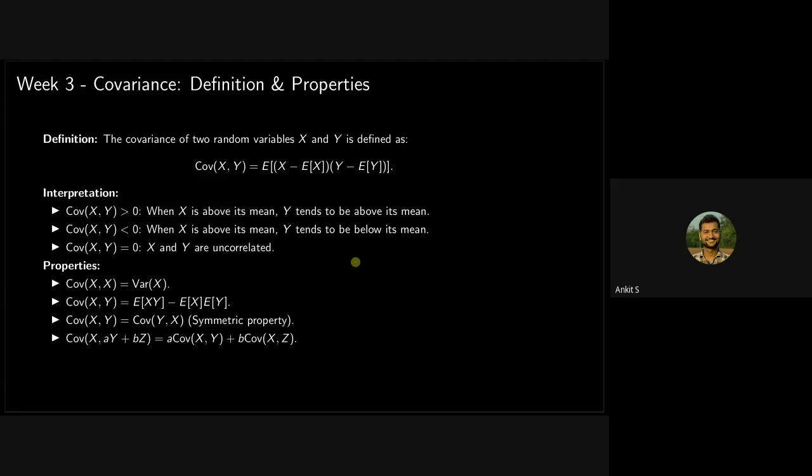We have not seen how two random variables are related quantitatively. For example, height of a person and weight of a person are two random variables. How are they related? If one random variable increases, how does the other change? This kind of behavior is explained by covariance.